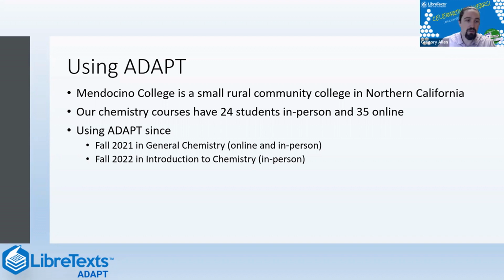And so, as I mentioned earlier, I'm part of the California Learning Lab grant for using the ADAPT system. I'm an implementer of the ADAPT system as part of this grant. And so I started using ADAPT in the fall of 2021 for my general chemistry courses. And I've used those since in both the online and in-person courses.